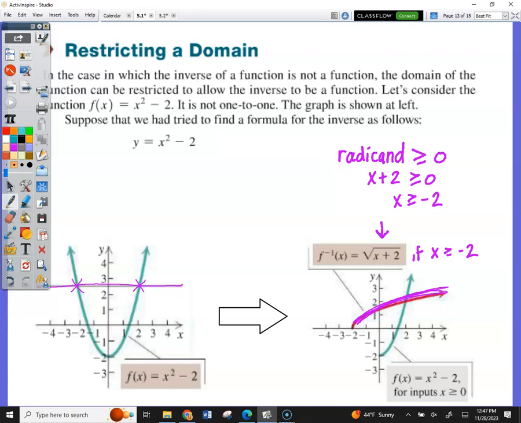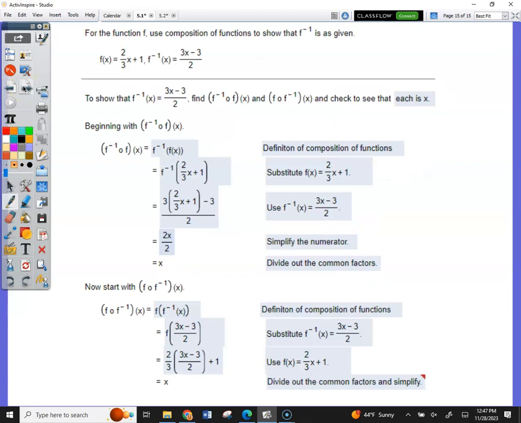And then I do have, this is number 14. It's asking for you to explain your process for verifying that this function and this function are inverses.